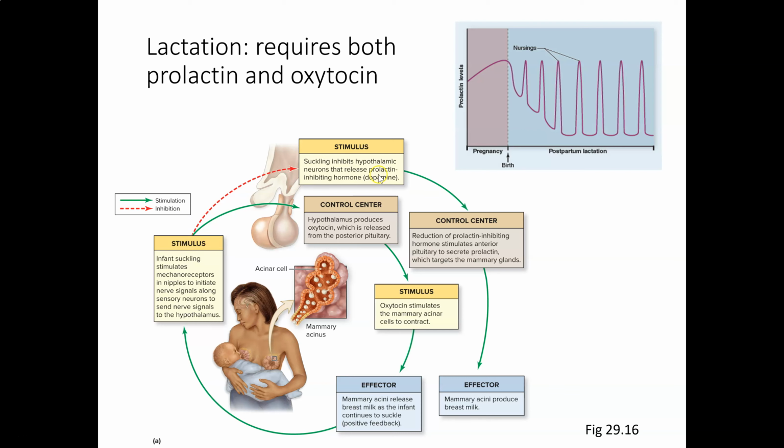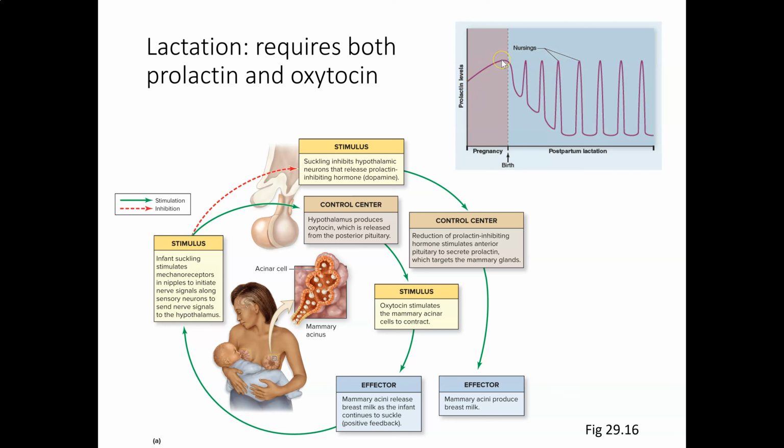Inhibition of the inhibition. So inhibition of the inhibition results in the prolactin being secreted by the anterior pituitary gland. So then the prolactin is secreted and works on the mammary glands, and the mammary gland is going to produce breast milk.